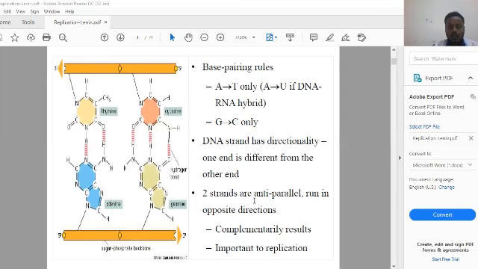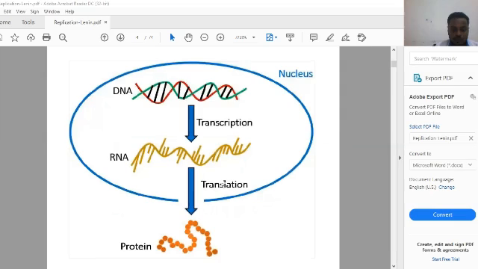So this is the opposite direction. These two strands are anti-parallel and run in opposite directions. The complementary pairing is important for replication.